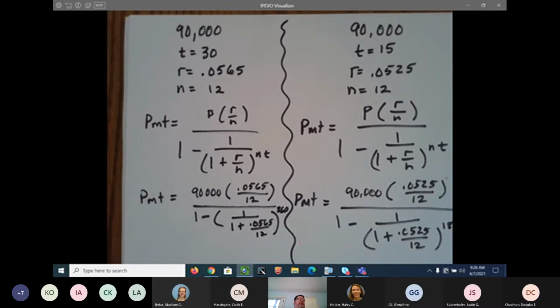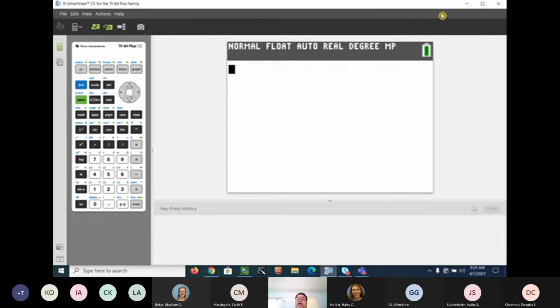I'm going to pull up my handy dandy calculator. While y'all were computing, the only problem with the 360 and the 180 is that for both of those, I got a negative. Well, that means probably you're not doing something right in your calculator. Which is normal, and that's a good thing.